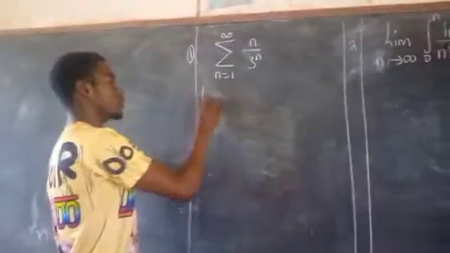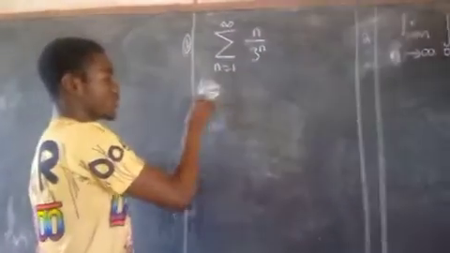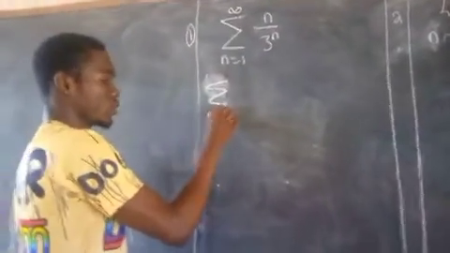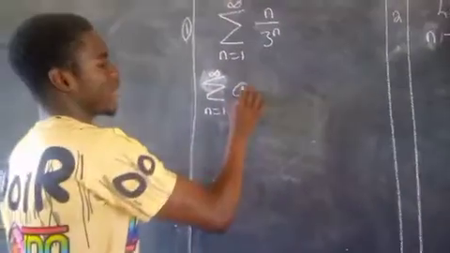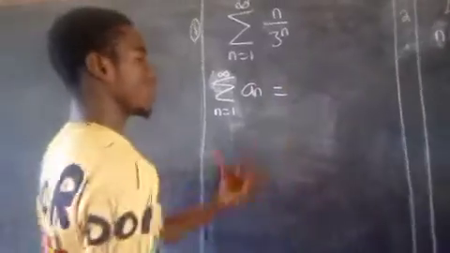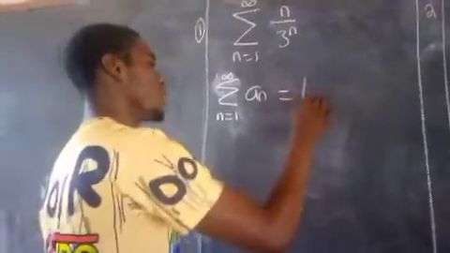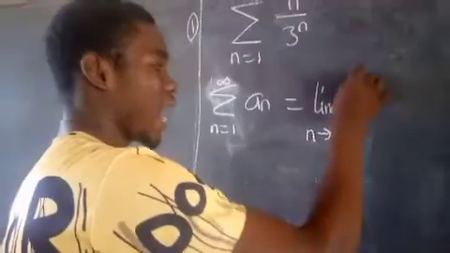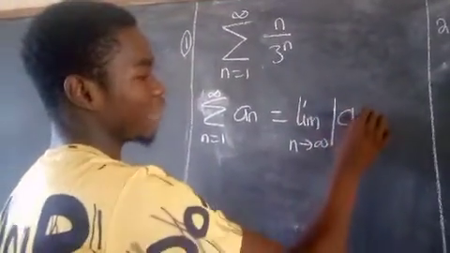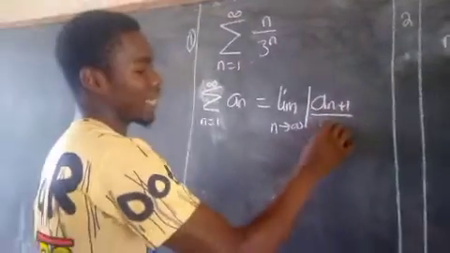If you have a series as n goes from, let's say, 1 to infinity, and if n starts from 0, no problem, of a_n, to test if this series converges or diverges, we are simply going to take the limit as n goes to infinity of the absolute value of a_(n+1) over a_n.